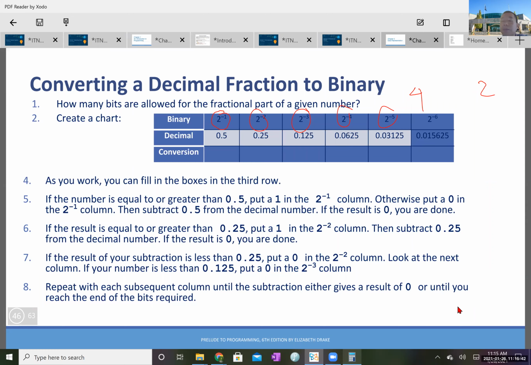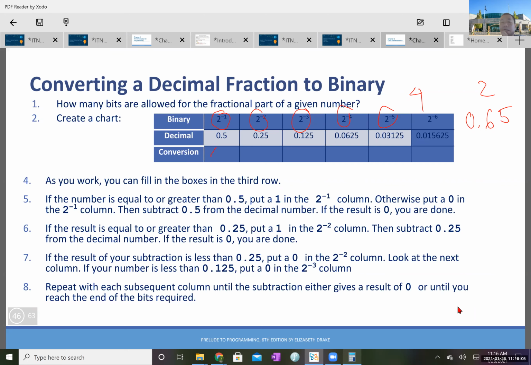So now think about if you want to convert the number 0.65. You only have to work from the left to the right. Starting from the left, 0.65 is greater than 0.5, so you put the number 1 here.